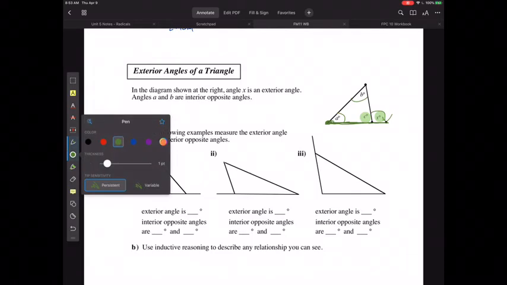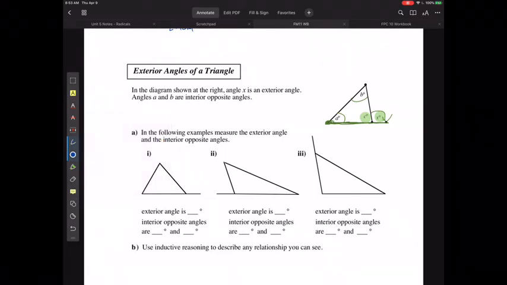So if I'm trying this out, in the following examples, measure the exterior angle and the interior opposite angles. Well, here's my exterior angle. When I measure it out, it winds up being 130 degrees, and the two interior opposite angles are going to be 60 degrees and 70 degrees.